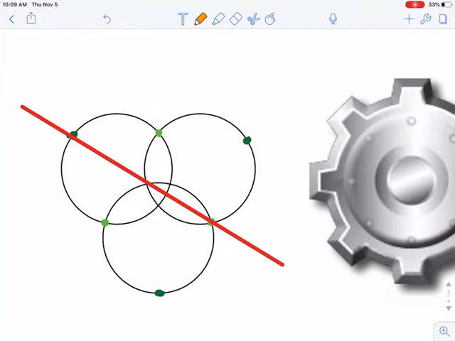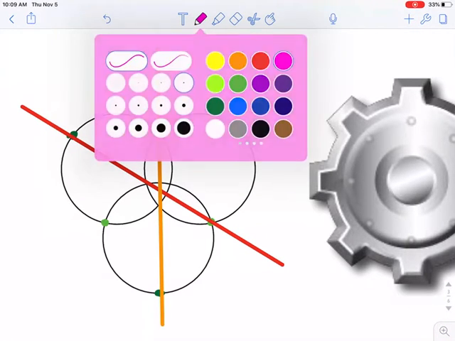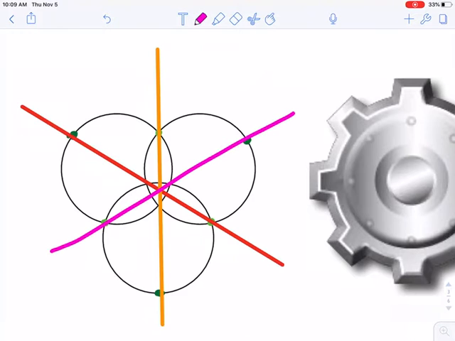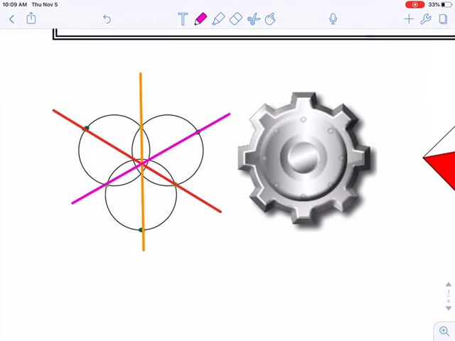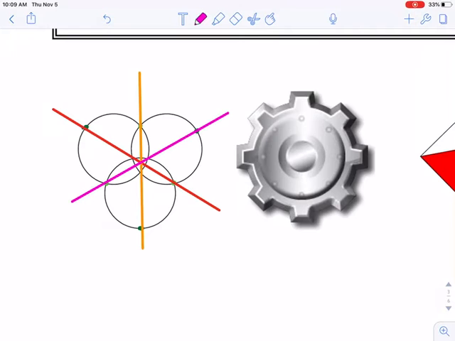If I put a mirror right here, this image would look exactly the same. And then the last place is I could also put a mirror on this line. So this tri-Venn diagram has 3 lines of reflectional symmetry.